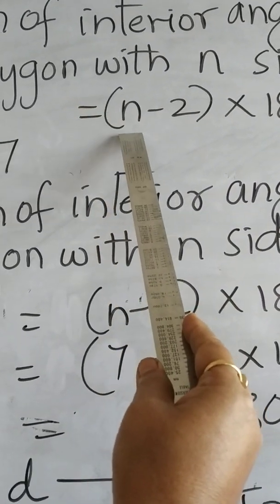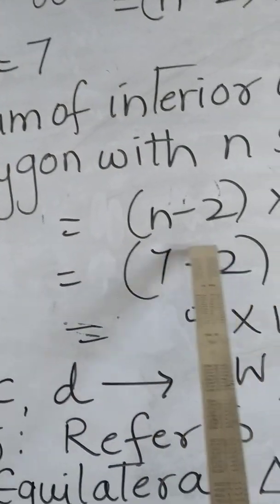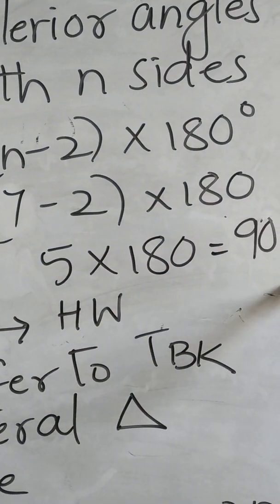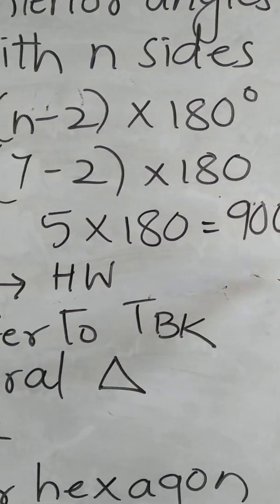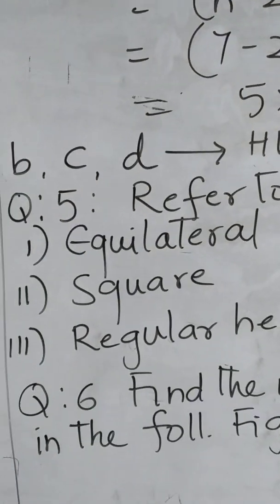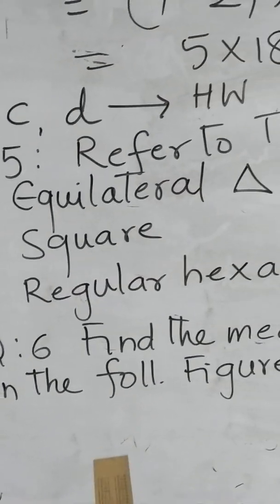Once again, (n minus 2) into 180. Now in the first one, n is equal to 7. So we put in the formula (7 minus 2) into 180. 5 into 180 is how much? 900. Now B, C, D I have given you as homework. Please try it. If you have doubts, I'll clear them.